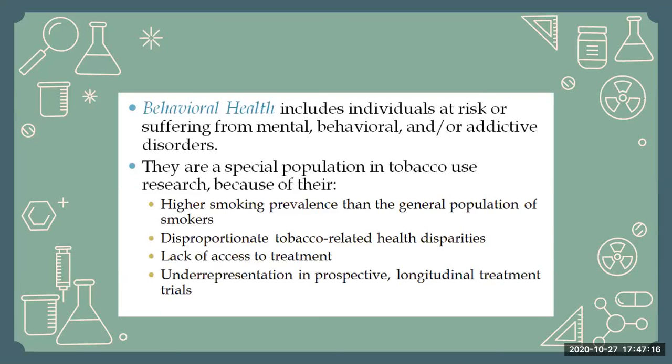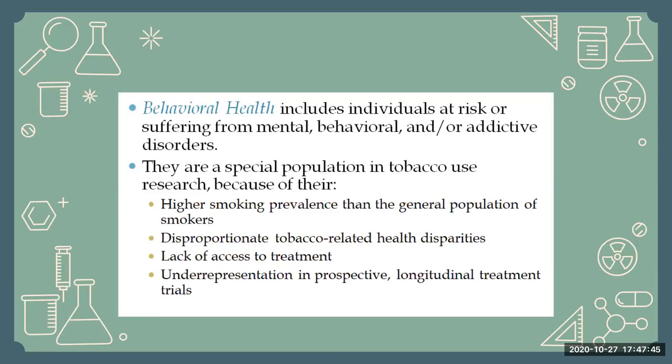Behavioral health includes individuals at risk or suffering from mental, behavior, and/or addictive disorder. They are a special population in tobacco use research because of their higher smoking prevalence than the general population of smokers, disproportionate tobacco-related health disparities, lack of access to treatment, underrepresentation in prospective longitudinal treatment trials.